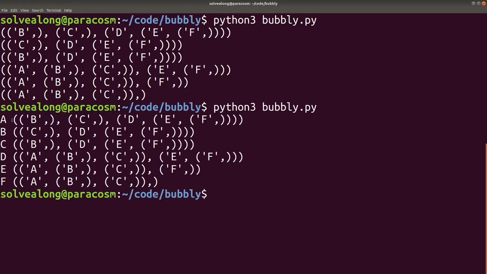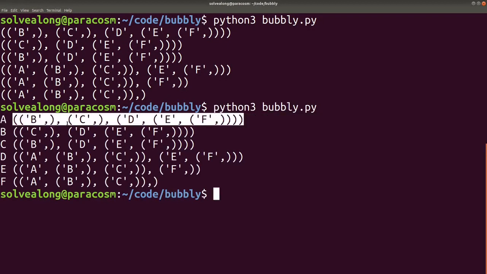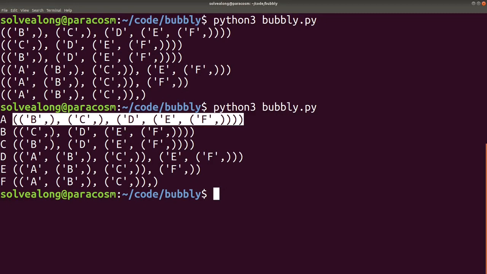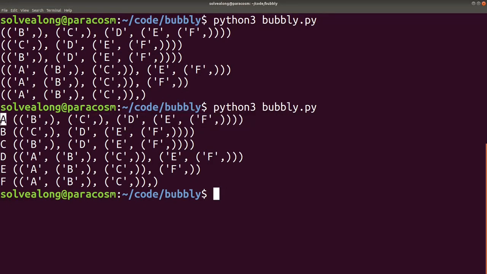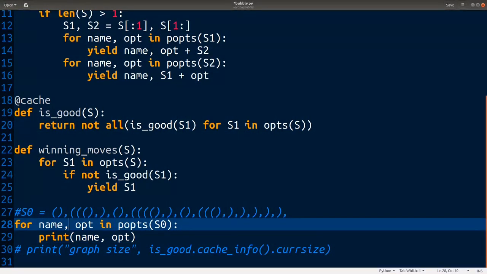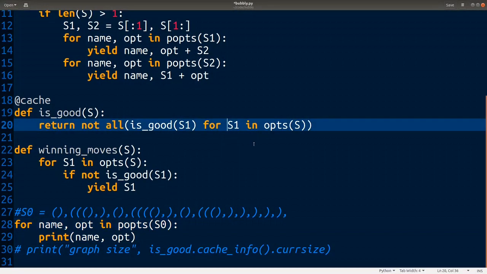Okay, so in this case it's saying if you pop A, then this is the state you're left with. If you pop B, this is the state you're left with, C, D, E, and so on. Okay, so that's going to let us identify each of the answers that are winning moves by the name of the bubble that you popped. And for this, we need to update that to ignore the name.